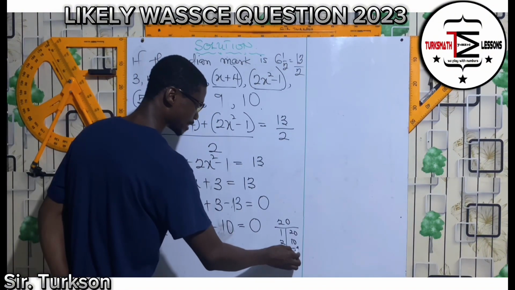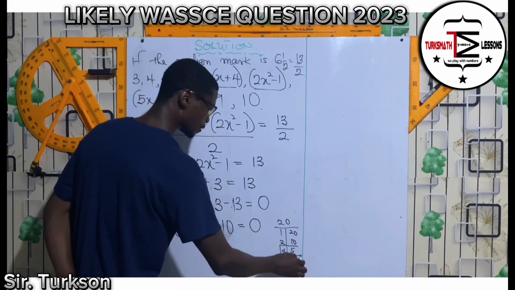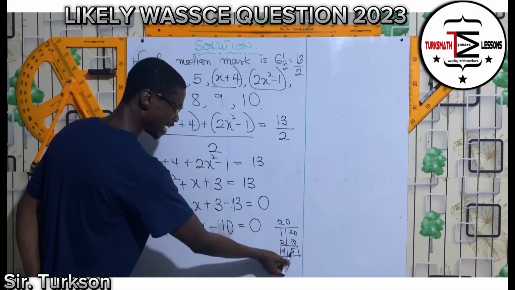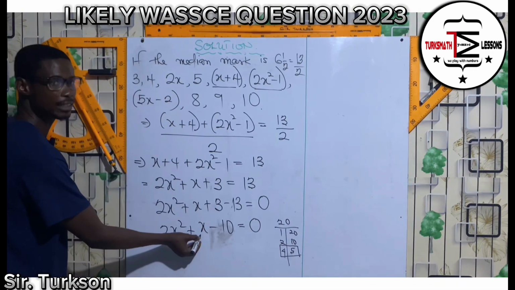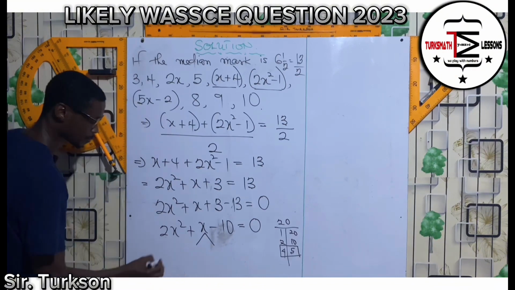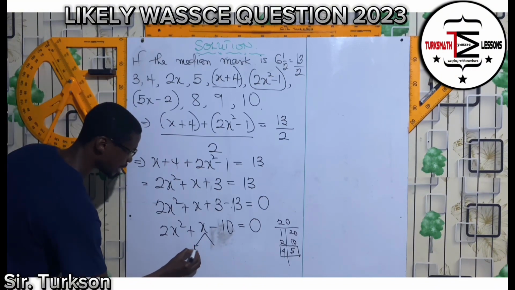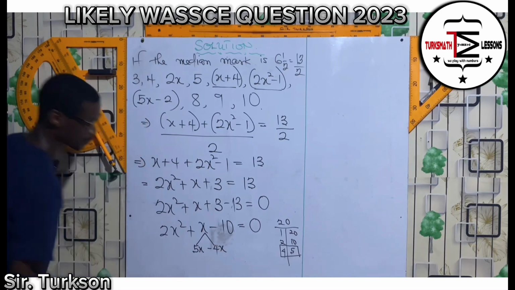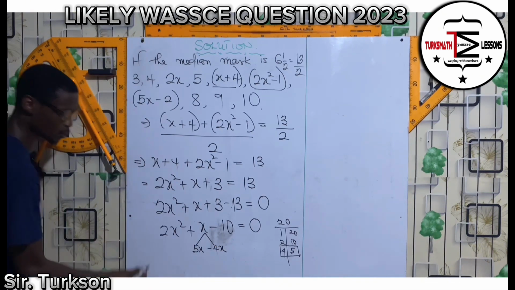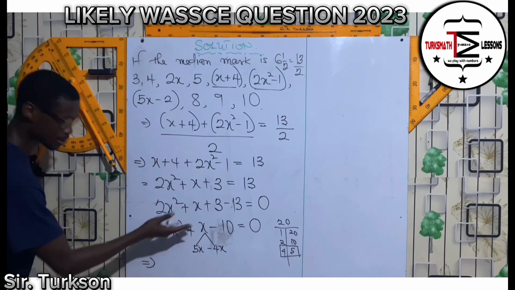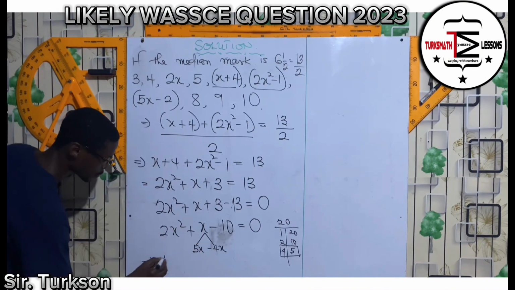Looking at this side, we have 4 and 5, so 5 minus 4 will give us this. So I'm going to have 5x minus 4x. So instead of 3 terms, we are going to have 4 terms.